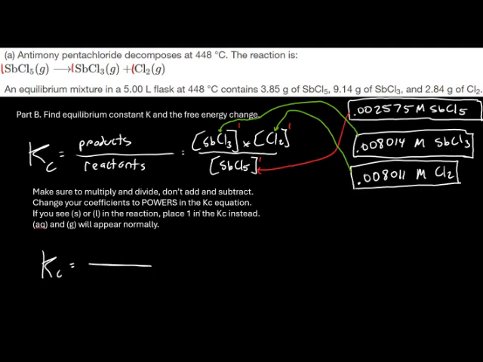The Kc will be 0.008014 times our Cl2, which is 0.008011, divided by the SbCl5, which is 0.002575. All of these numbers are raised to the first power, so we don't have to write the exponents here. All we need to do is to do the arithmetic.